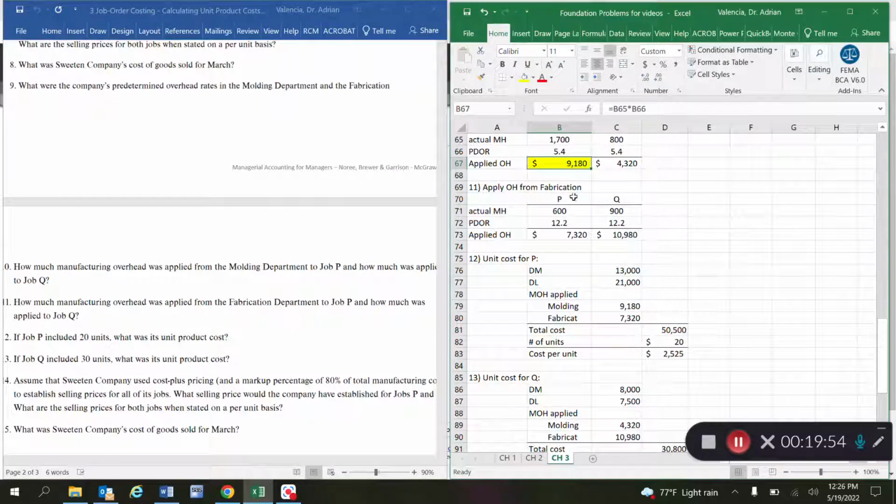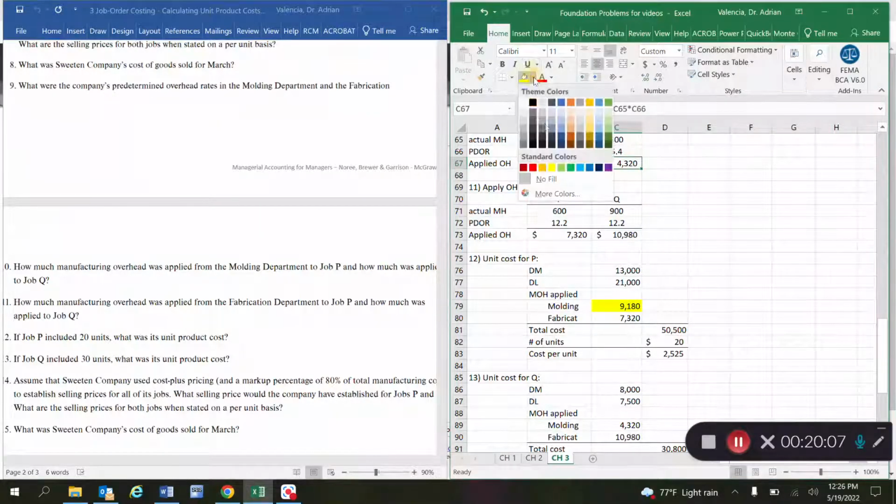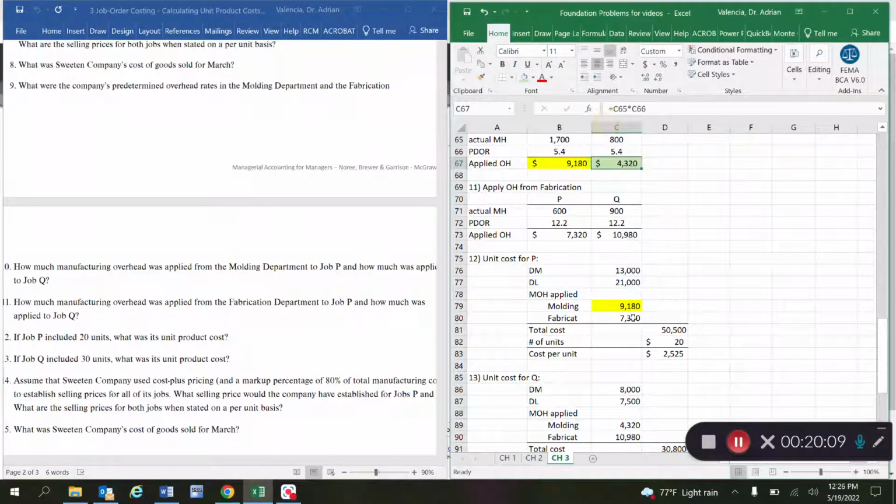So now we're going to get 9,180 from here, and that's going to be right there. And then for fabrication is going to be 4,320. And there's your applied overhead on a per department basis.